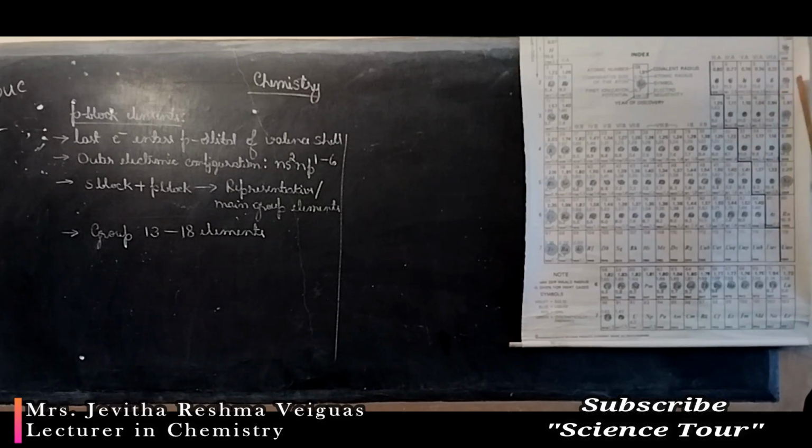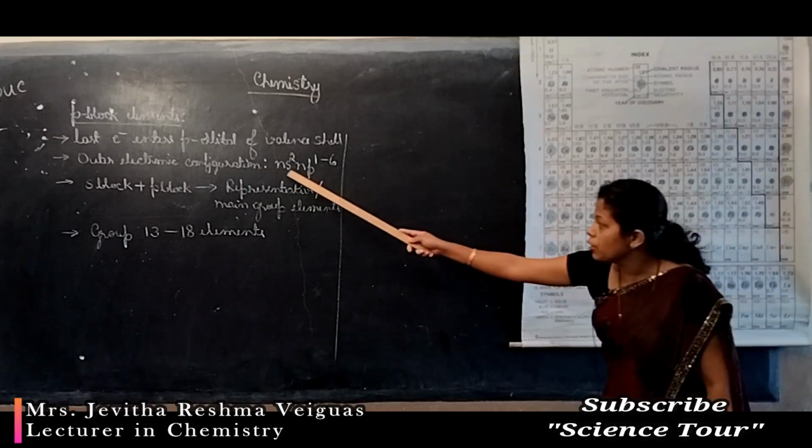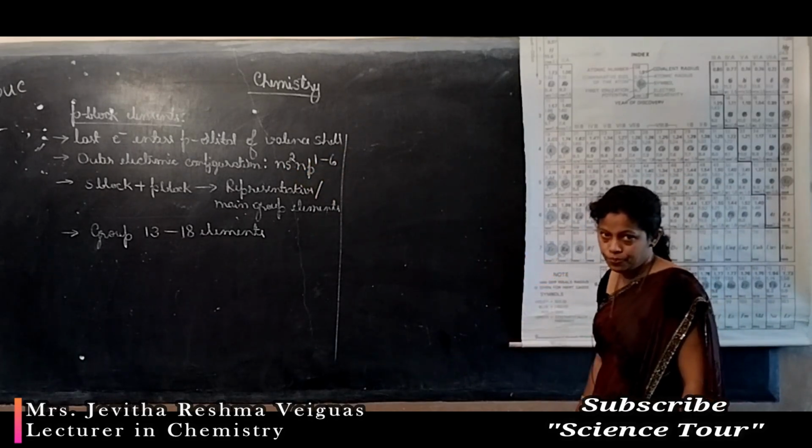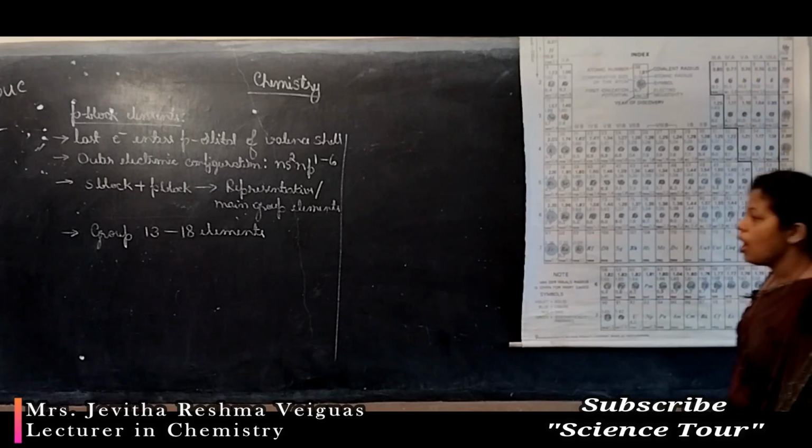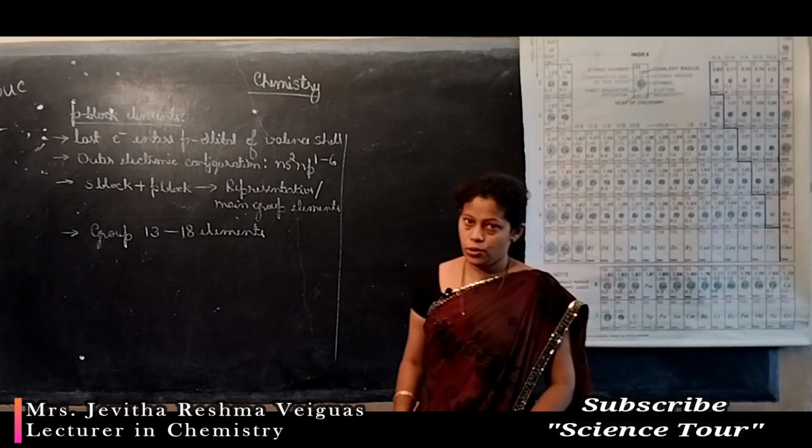After helium, neon has a configuration similar to ns2 np1 to 6. So group 13 to 18 elements are P block elements.